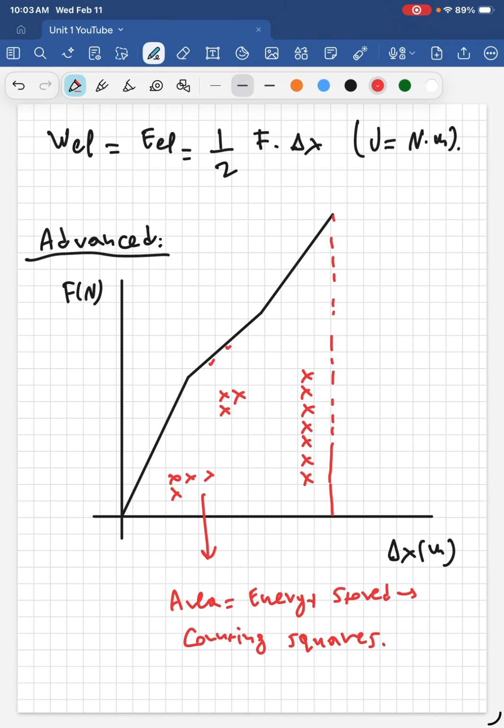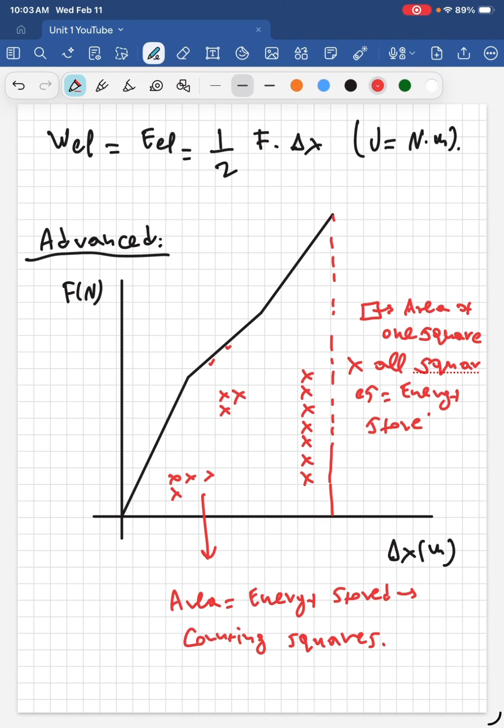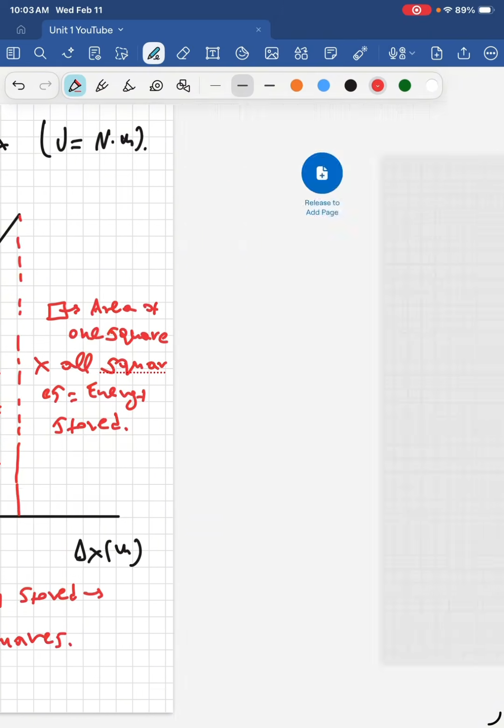So you will have to count the squares, and then find the area. So area of 1 square times all the squares is equal to the energy stored. Okay.